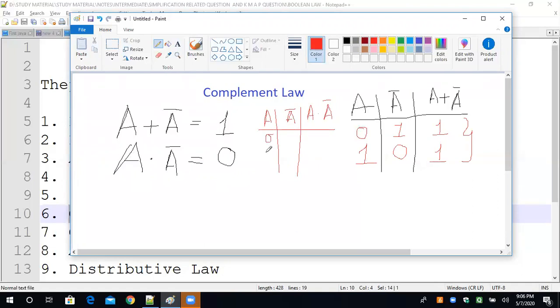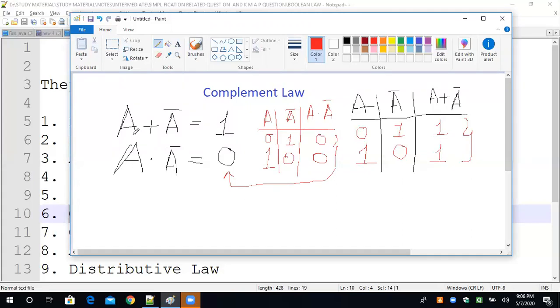So 0 will become 1 in the complement and 1 will become 0 in the complement. So 0 dot 1 is 0, and 1 dot 0 is 0. So in both cases I am getting 0. So this is the proof or conclusion of the second complement law, and this is the conclusion of the first complement law. Hope you understand the complement law clearly.